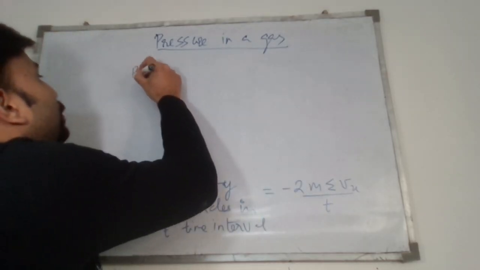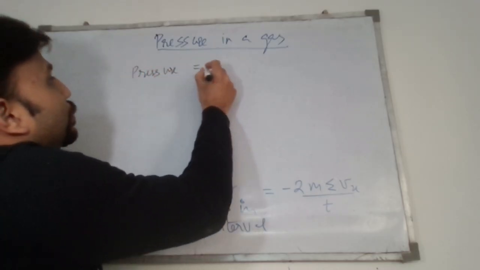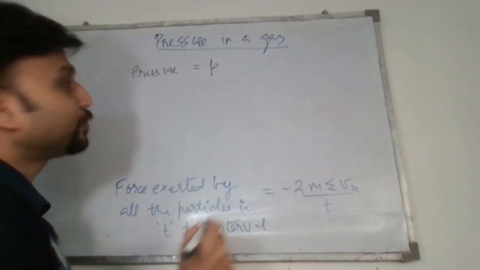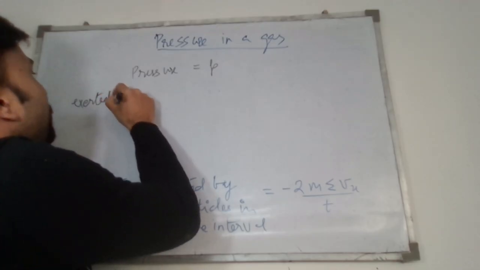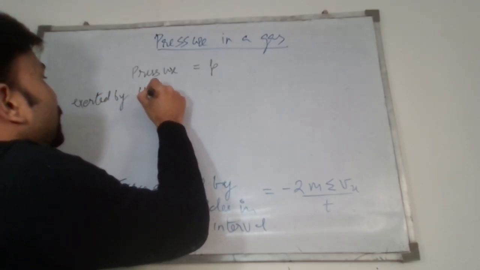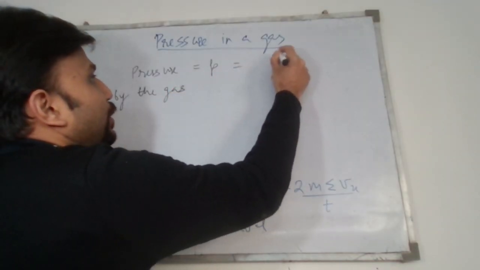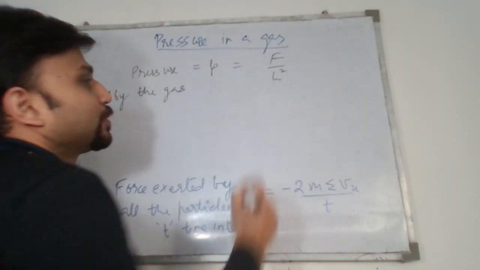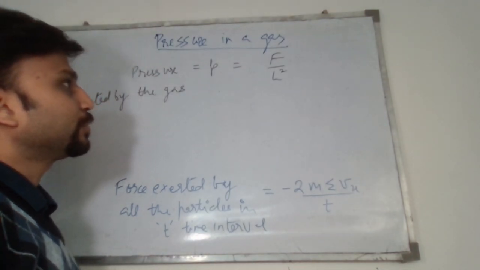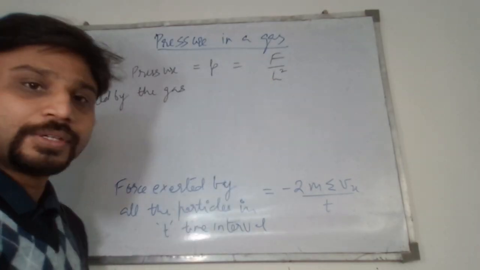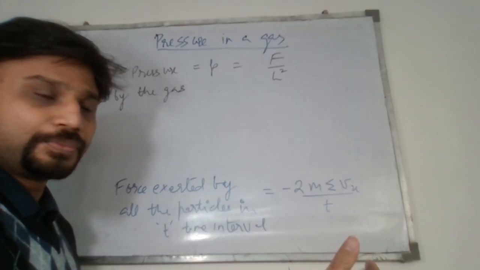I would say the pressure will be denoted by P. The pressure exerted by the gas would be this force F divided by L square. Now this L is the length of the cube.